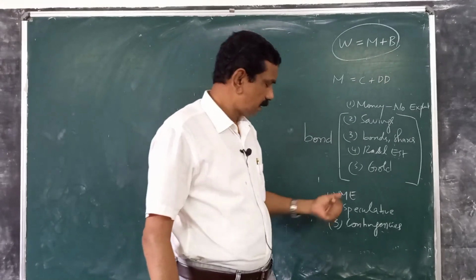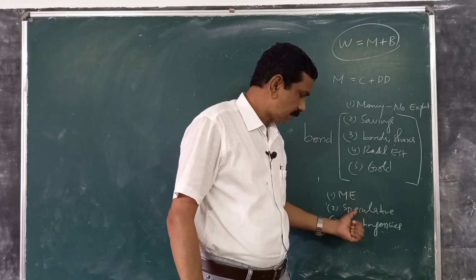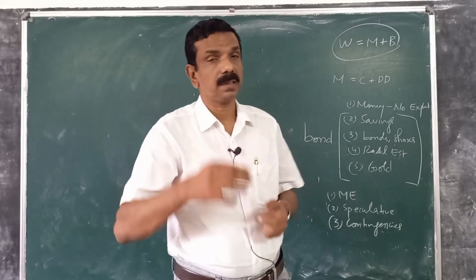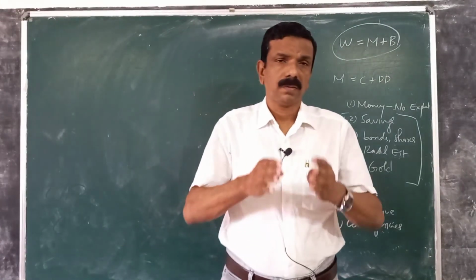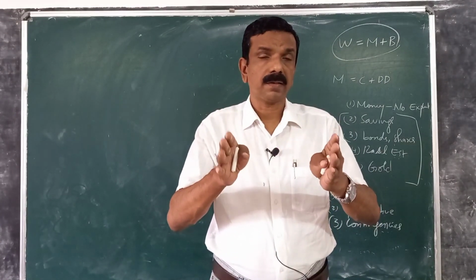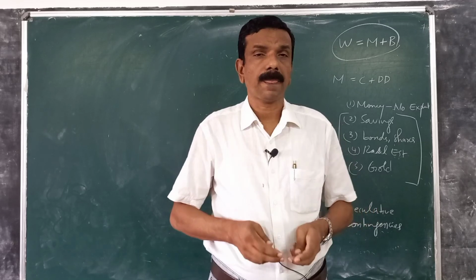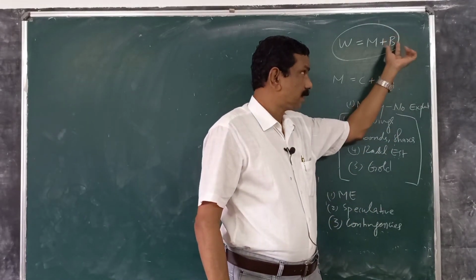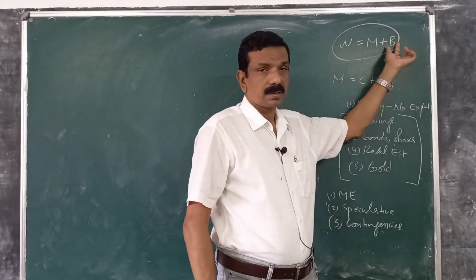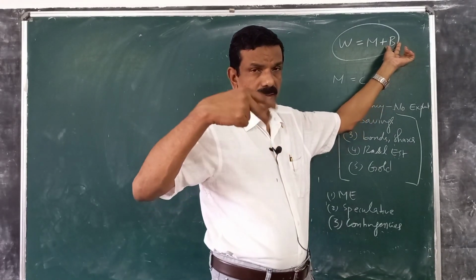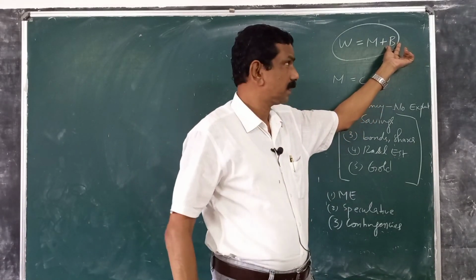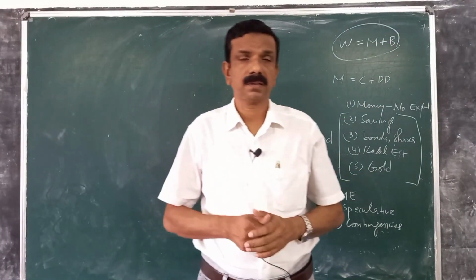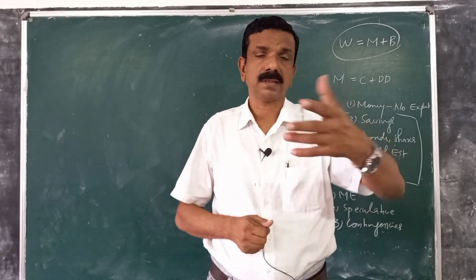So before considering the transaction demand, speculative demand and precautionary demand, for which an economic agent will keep money, we will first consider the significance of bonds and the relationship between the rate of interest and the price of bonds in the next session.